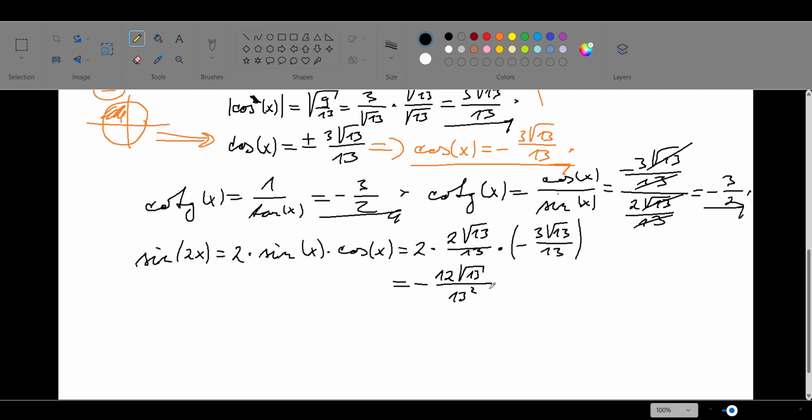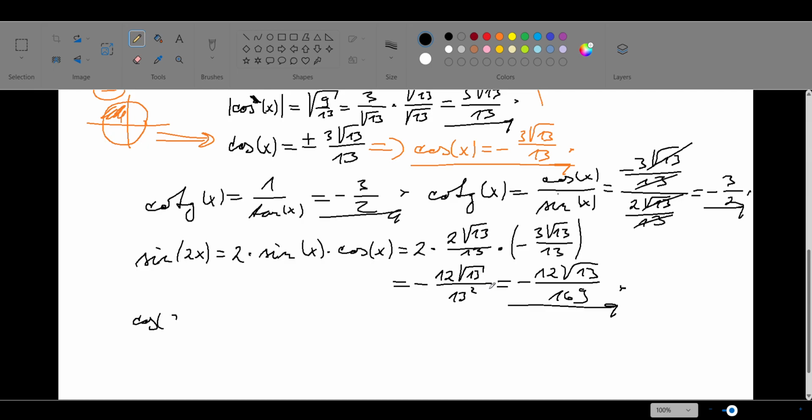And I'm pretty happy with this result, but if you want to find out what 13 squared is equal to, you maybe should remember the value for the perfect square of 13, and you will find out that this is equal to negative 12 times square root of 13 over 169.